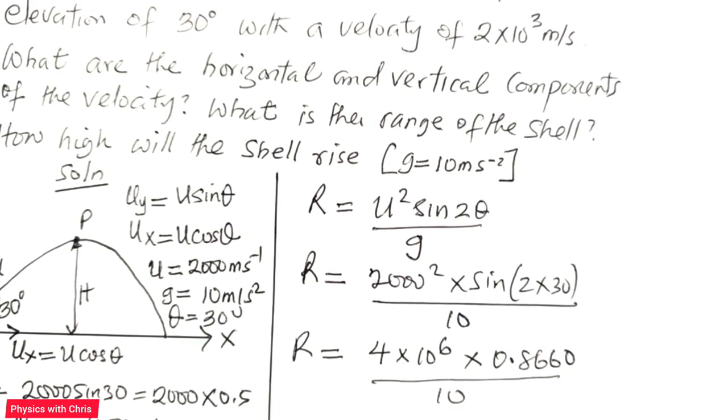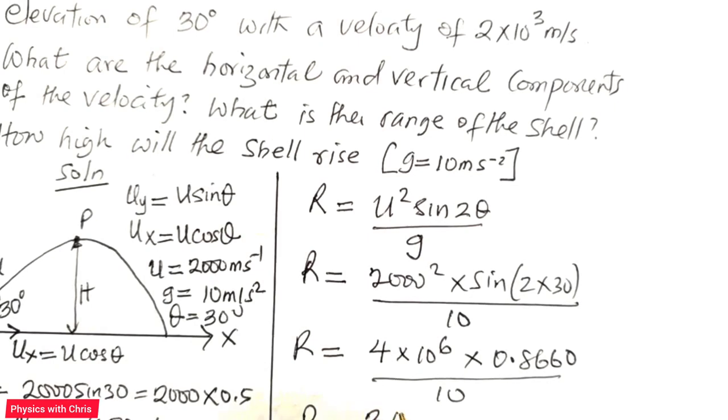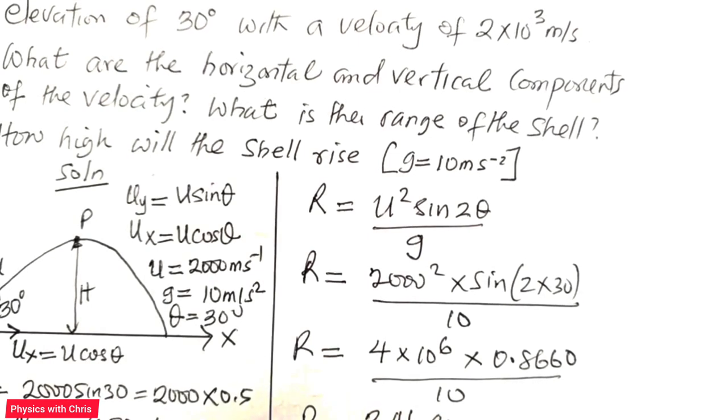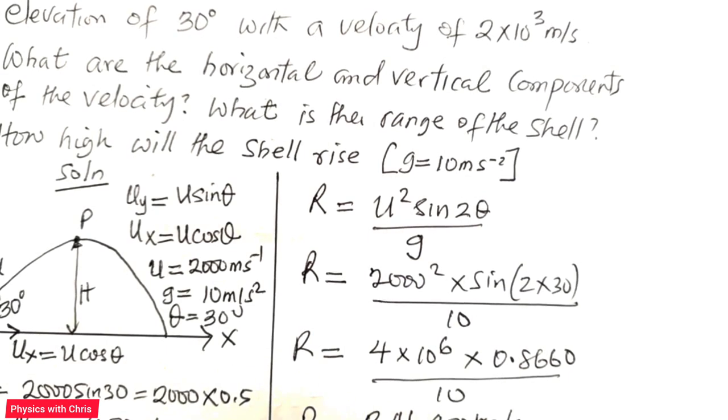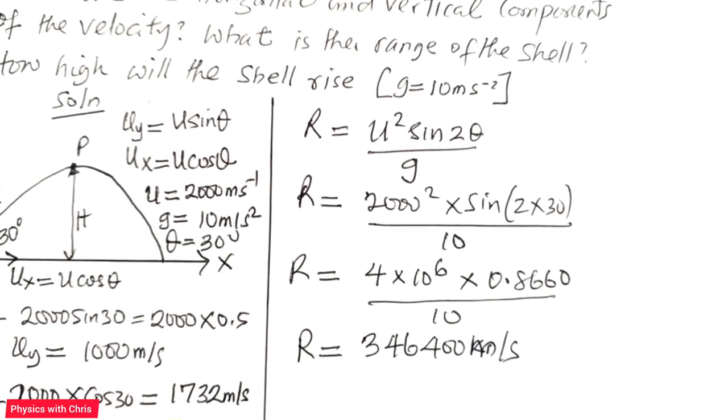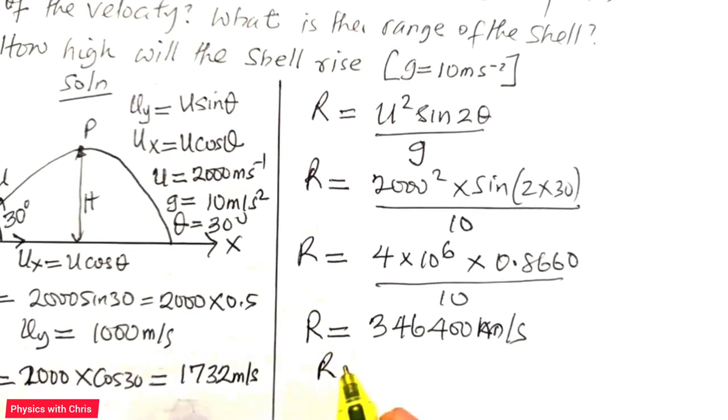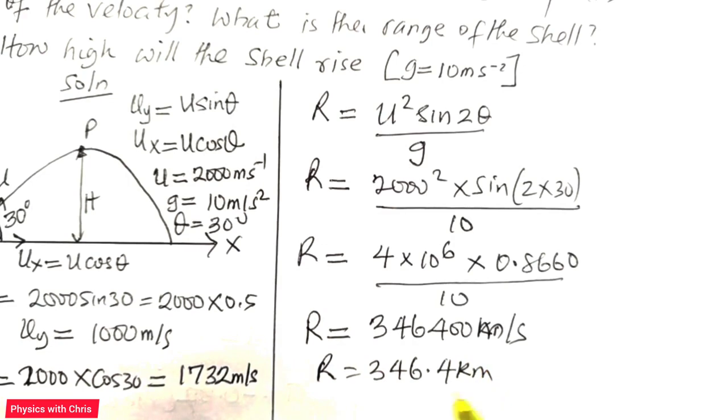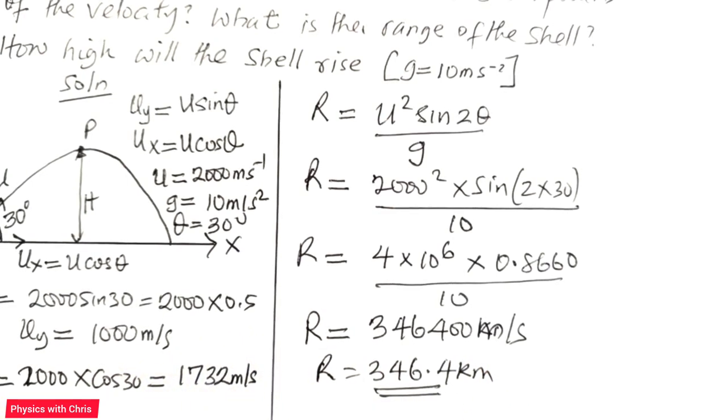If I evaluate this, my range is equal to 346,400 meters. Then you can decide to convert this to kilometers by dividing by 1000. That will give me 346.4 kilometers. That's the range covered by the projectile.